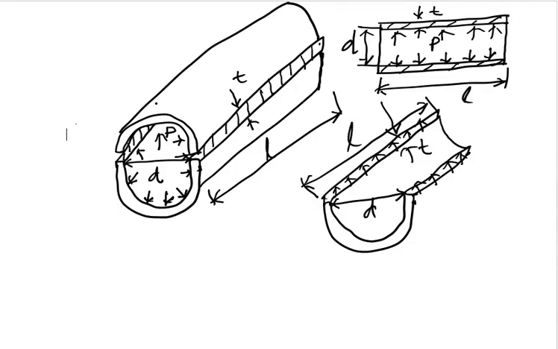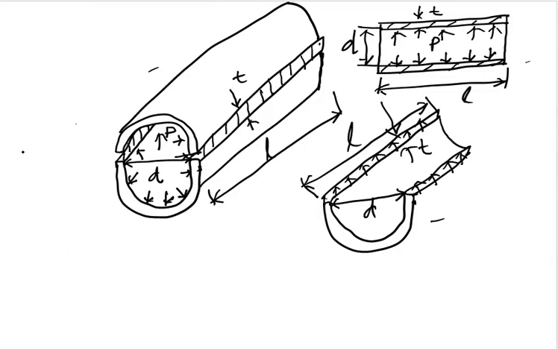So here you will have three views of the cylinder. This is the first view, this is the second view, this is the third view, so that you will get the things clearly. You will have a clear picture when you are deriving the expression.